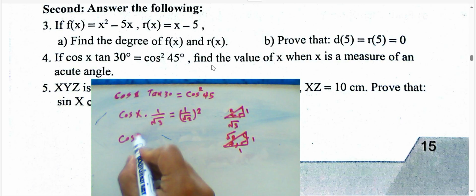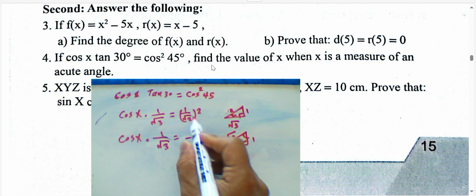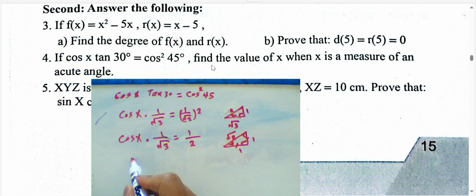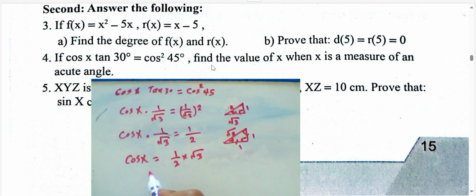Then we can write cosine x times 1 over root 3 is equivalent to 1 over 2. We multiply by root 3 to cancel root 3 in the denominator. Then cosine x equals 1 over 2 times root 3, so cosine x is equivalent to root 3 over 2.